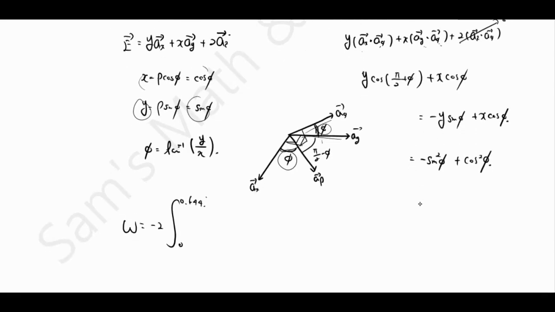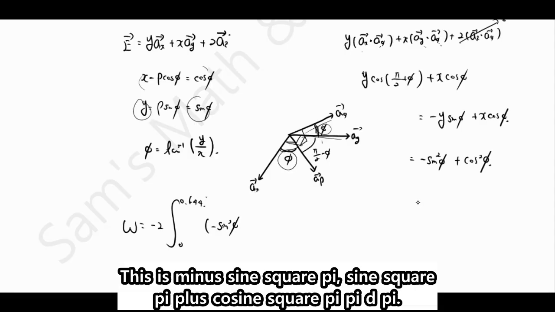This is minus sine square phi plus cosine square phi d phi.